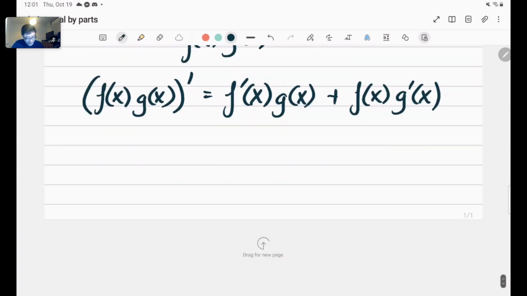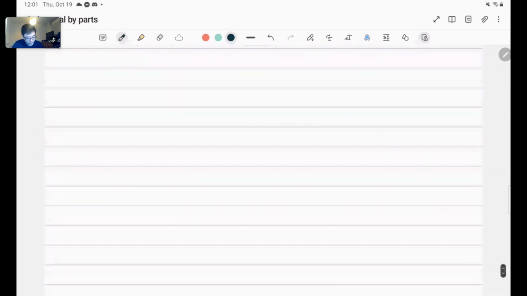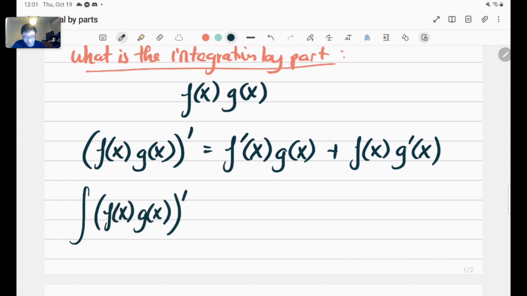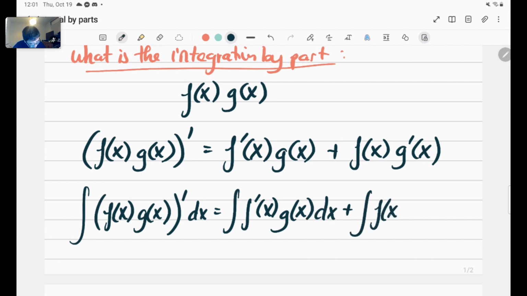Now let's try integrating both sides. You have f times g of x being differentiated, then you integrate this part, g of x dx, and you integrate the remaining part, so f of x times g prime of x dx. I want you to specifically focus on this part right here.